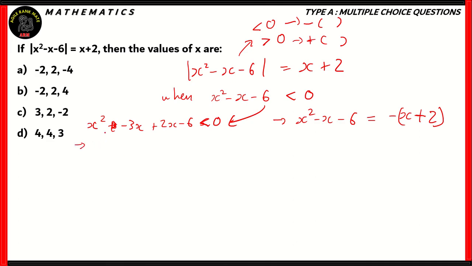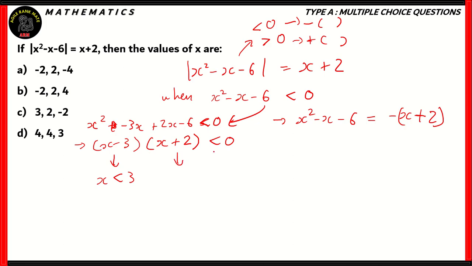So we can factorize that as x minus 3 is one factor, the other factor would be x plus 2, less than 0. So from here x minus 3 is less than 0, therefore x is less than 3.